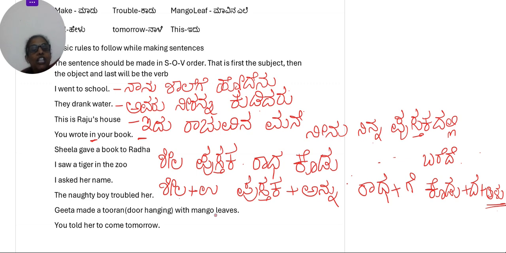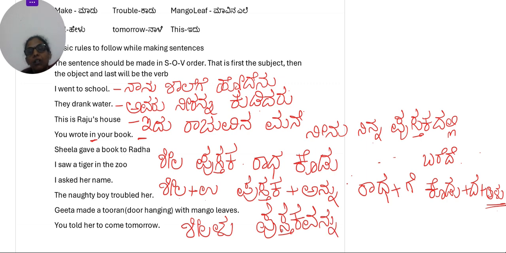Now let us combine all of it. So here Sheila plus u. So Sheelalu. Okay, always in Kannada for a female, la will get added. Just Sheelu we cannot make it. So Sheelalu. Pustakavannu. Again, Radha is a female name. So when you are adding, it will become Radhalige.